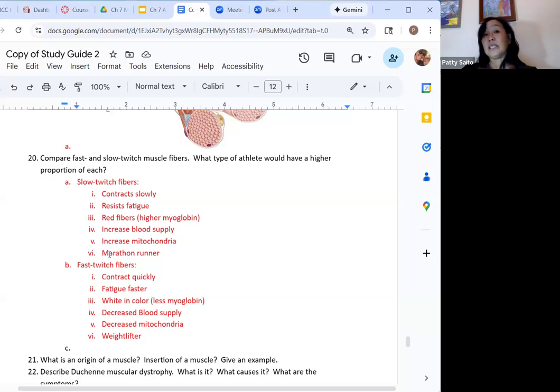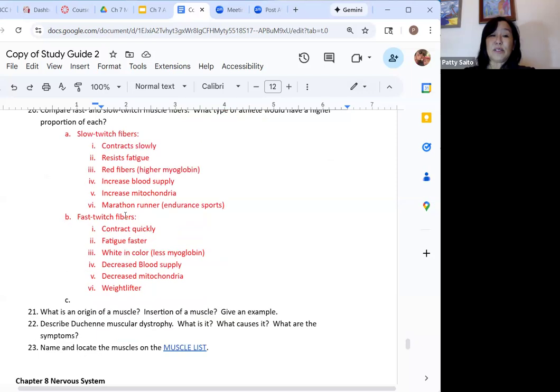Okay, someone who does endurance sports. Okay, it doesn't just have to be marathon. It could be swimming long distances or biking long distances. So these are endurance sports, right? Because you're able to make a lot of ATP and you have a lot of blood supply, so a lot of oxygen could go to those muscles.